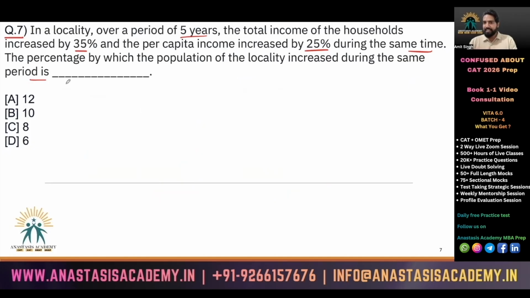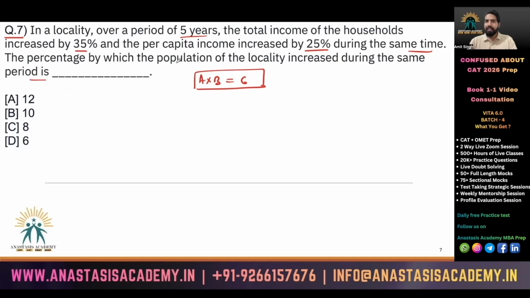be sure that this question is of the type A cross B is equal to C, right? Because this relation fits the given expression. How? Because I know the total income when divided by total population gives me per capita income.